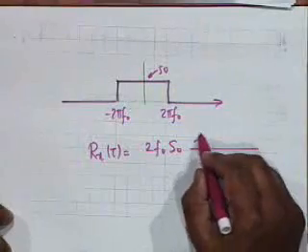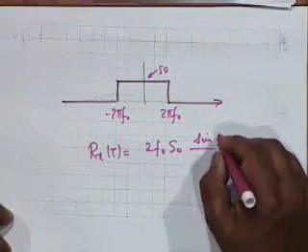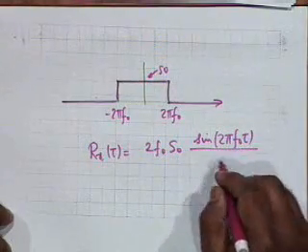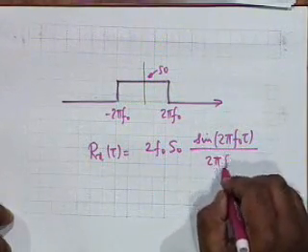Then if you take the inverse Fourier transform, we know how to, it's a sinc function, and the result, I leave the algebra to you, Rx tau is equal to twice f0 S0 sine of 2 pi f0 tau divided by 2 pi f0 tau.